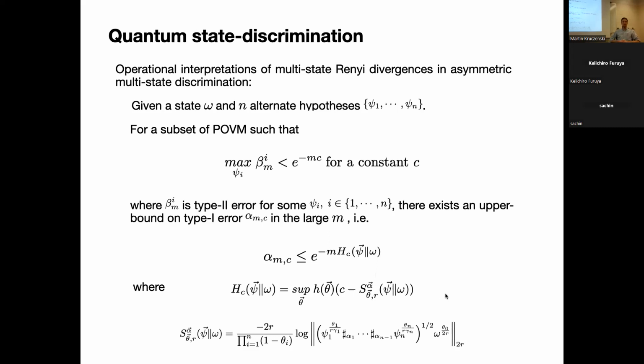That could be the first test. In that case, you could identify theta 1 equals theta 2, theta 3, and theta n. You can reduce it from n to 2 states. Maybe in that case.